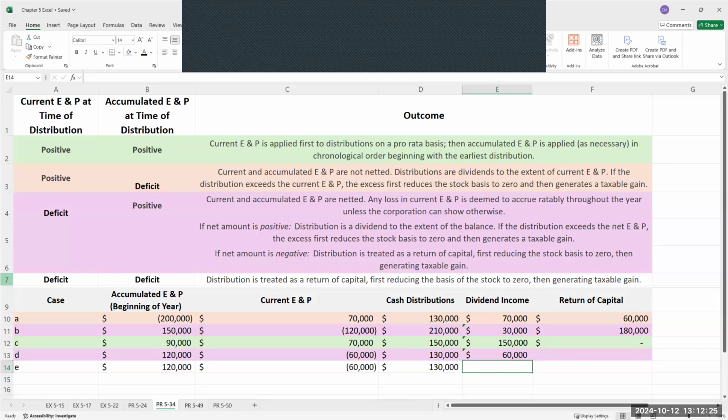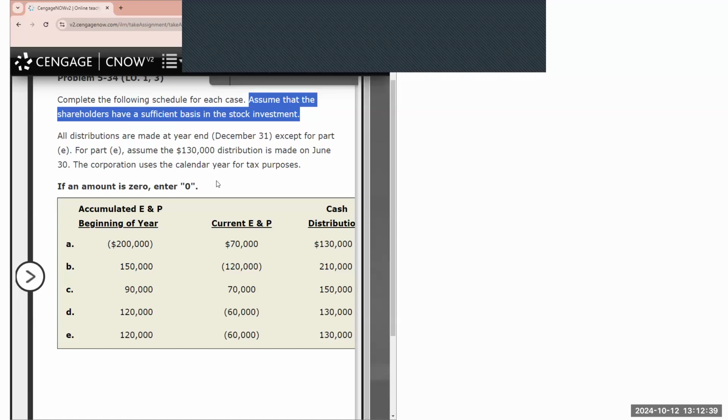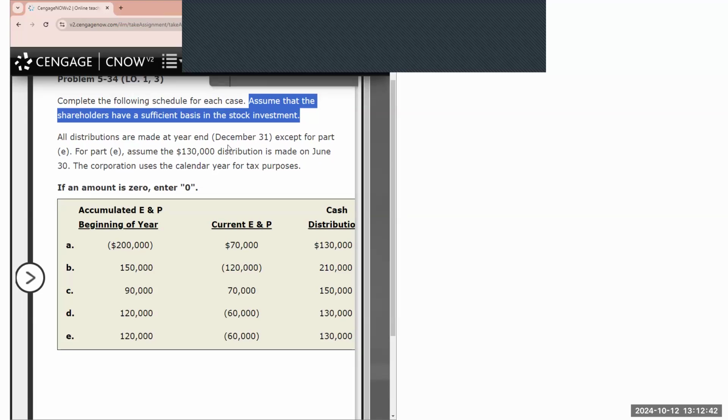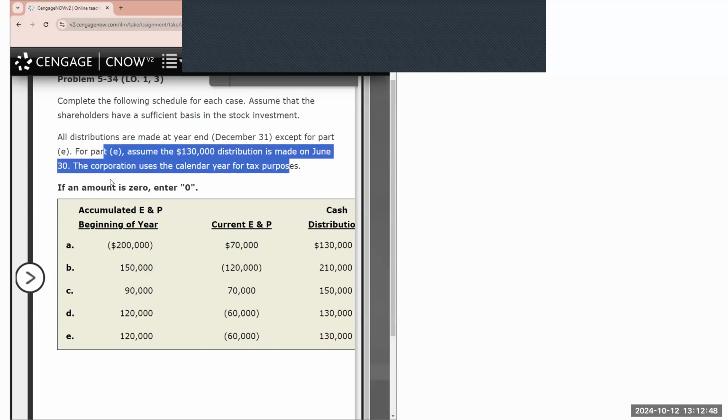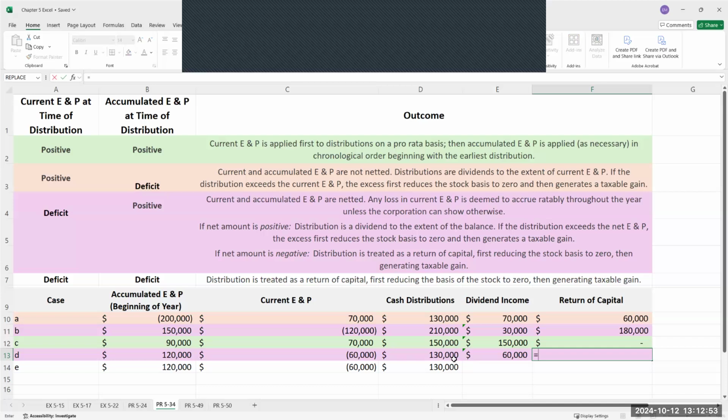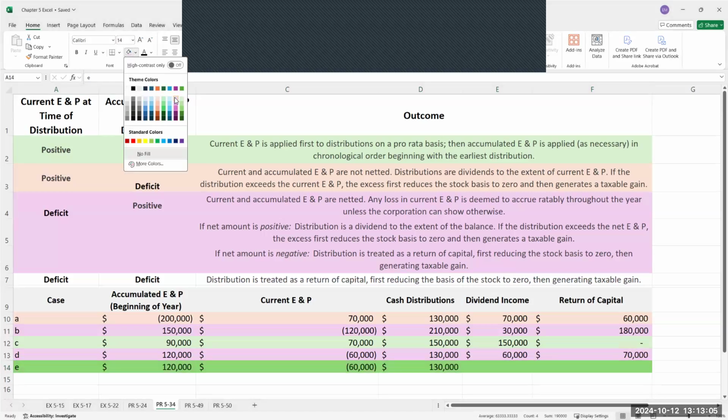But one thing we need to keep in mind with fact D is that we determine the net amount. But again, now we need to factor in, and here we see that with this problem, it's saying that all distributions are made at year end, December 31st. But then for part E, it's going to say, assume the distribution was made on June 30th. So here we see it was made at the end of the year. So therefore, the cash distribution minus the net amount, which was positive, of 60,000, there we have a return on capital. So we have a similar fact pattern here, but it's a little different.